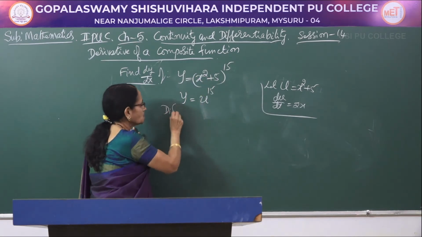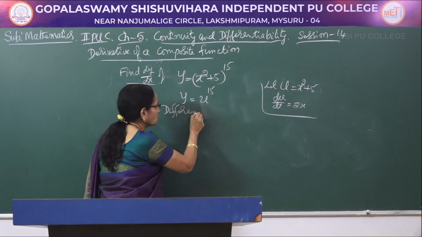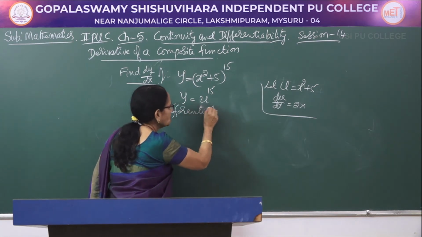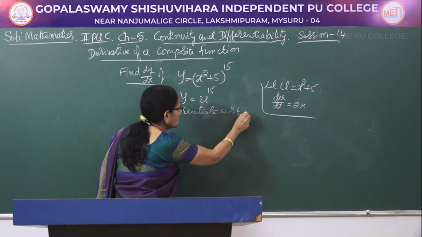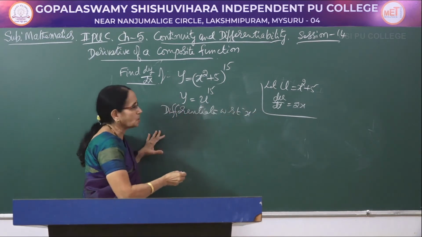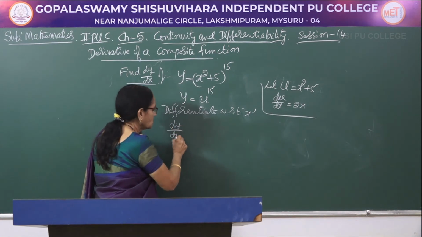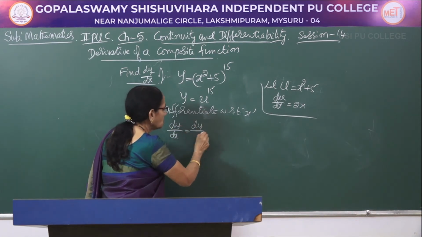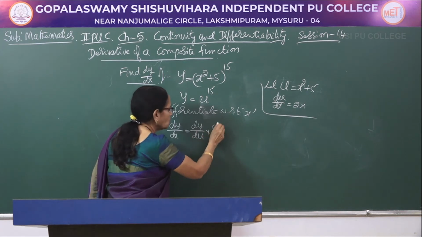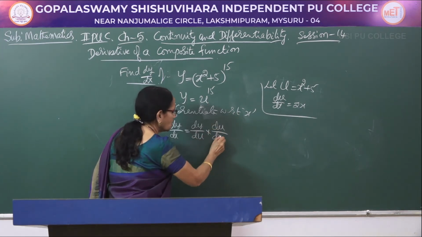Now, differentiate with respect to x. Therefore, dy by dx is equal to dy by du into du by dx.